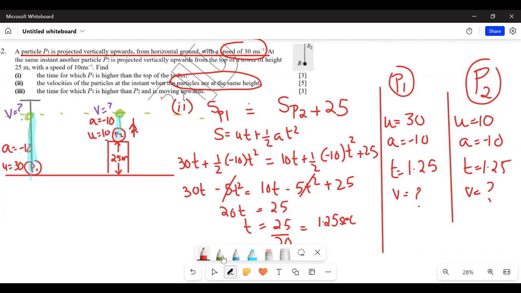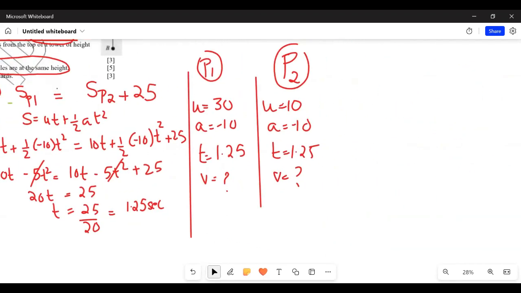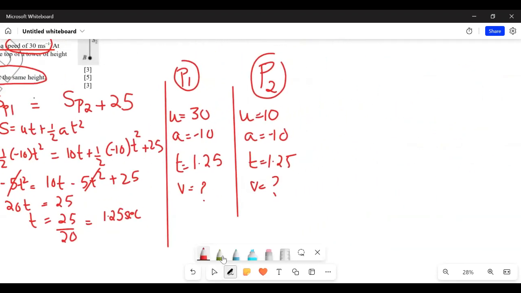There are 5 equations of motion that you must know. Can anybody tell me what they are? Let's write them down here. V square is equal to U square plus 2as. Can we use this? No, because we don't have s. S is equal to ut plus half at square. There's no v here, so we're not using that. Plus we don't have the s.